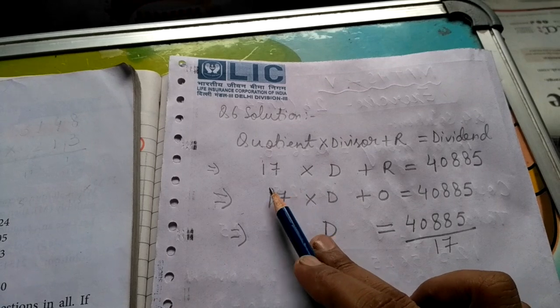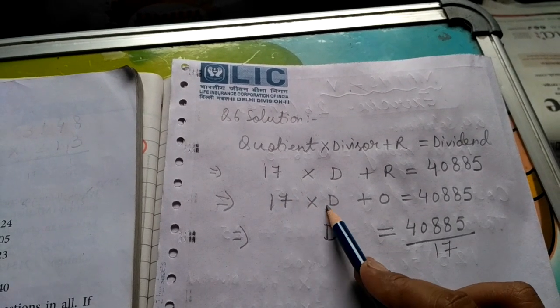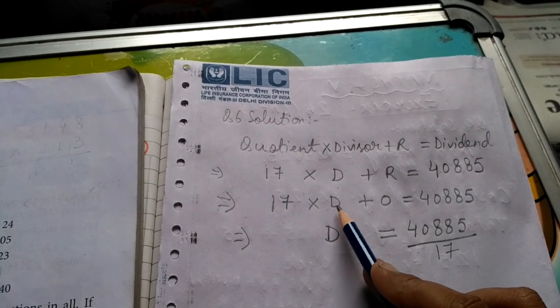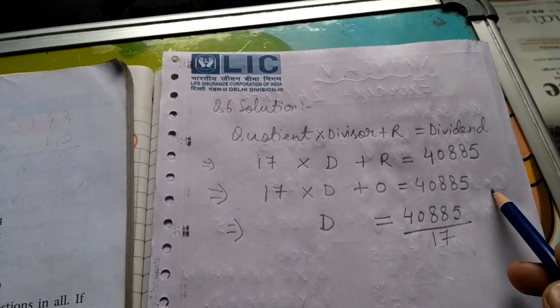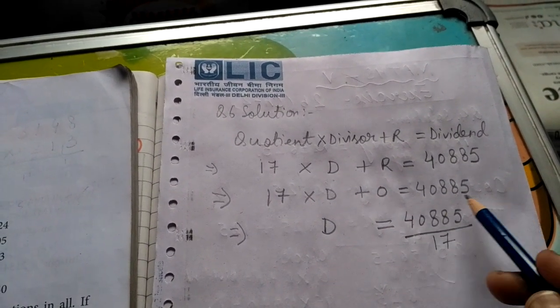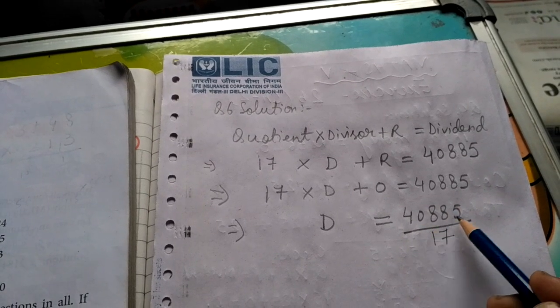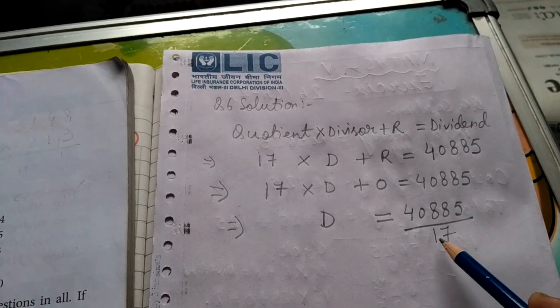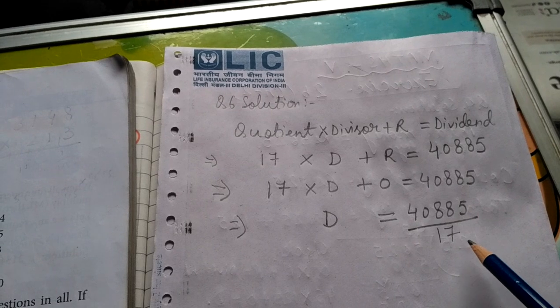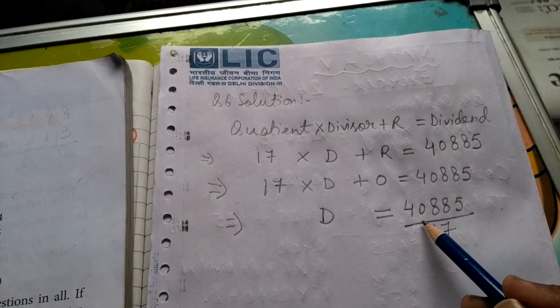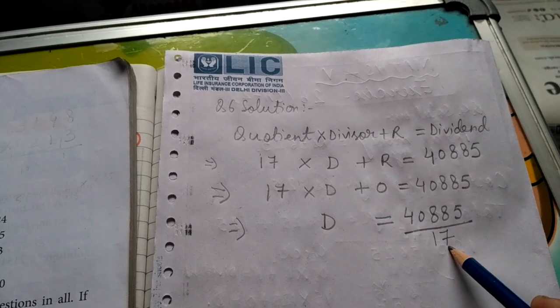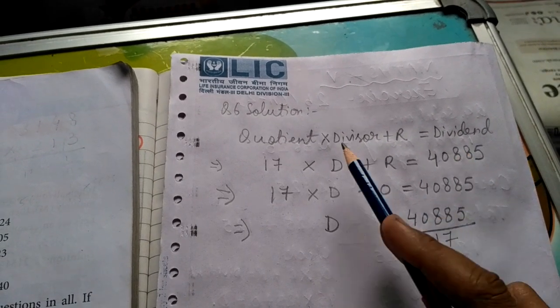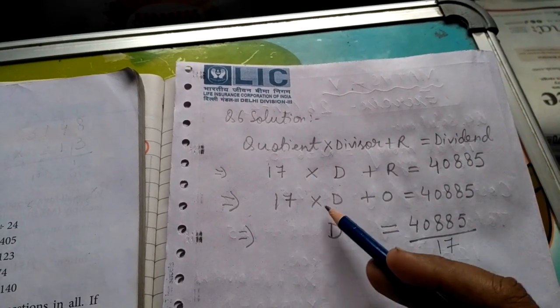So if we take this 17, which is in multiplication with this divisor, to the RHS of the equal to, then we have to move it in division form. So when we divide 40,885 by 17, we will get our divisor, we will get the number.